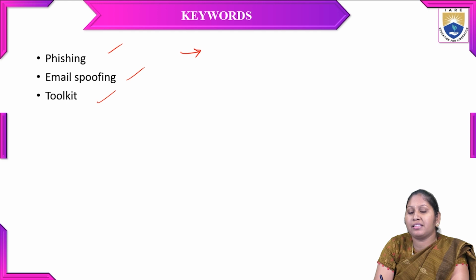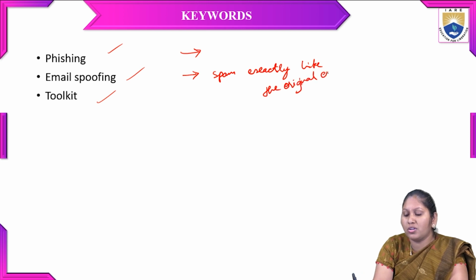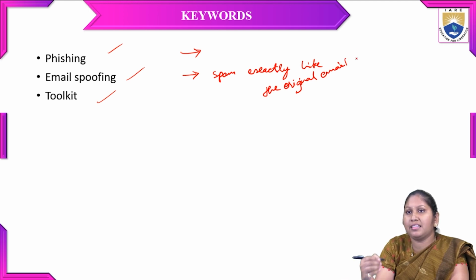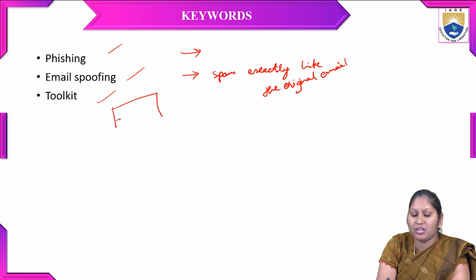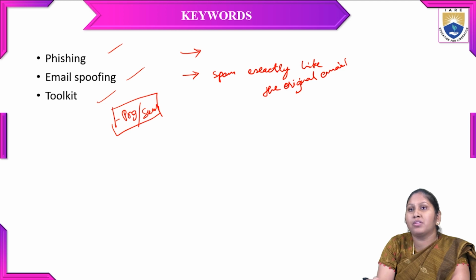Email spoofing is nothing but sending spam emails exactly like the original email coming from the legitimate user. And what is a toolkit? A toolkit has a set of all programs or scripts already developed by some attacker, and anyone can use it. So anyone can do attacks on any website or any account. So these are the keywords.